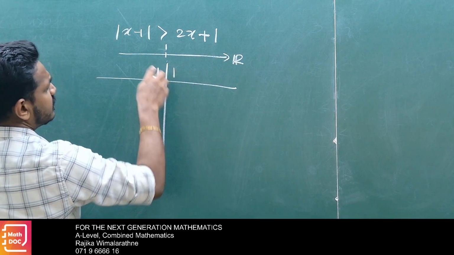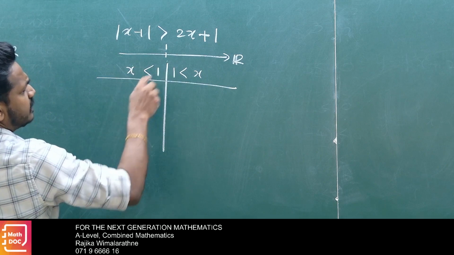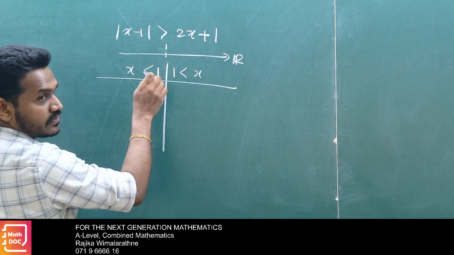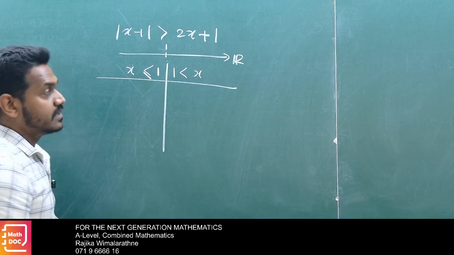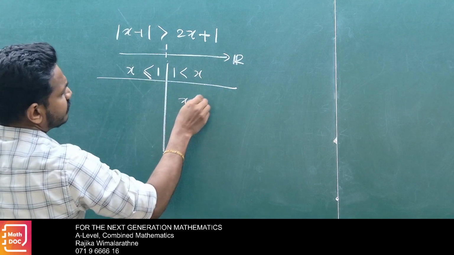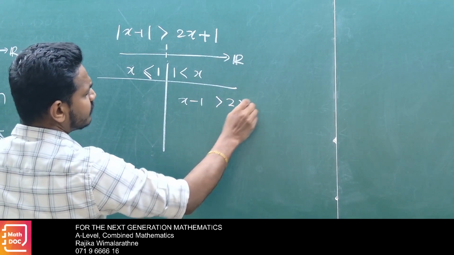Here 1, greater than 1, less than 1. Then to cover the number line, you put equal to here. We put this equal sign to cover the number line. Now for greater than 1, this part is positive. Don't worry about the other, that is not modulus; write it as it is.